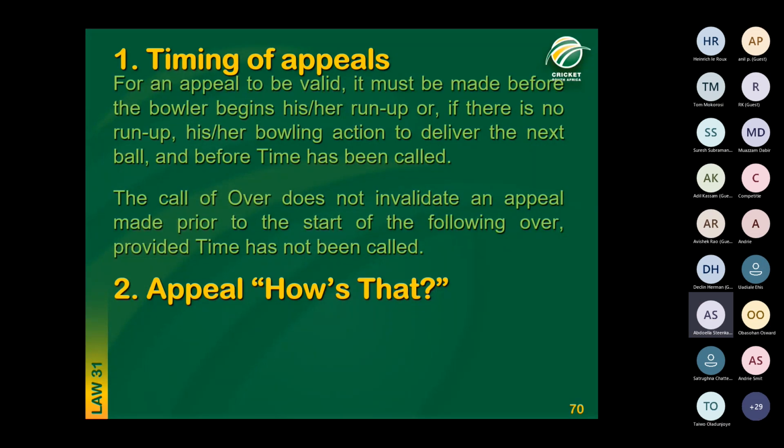So the appeal is still valid up until that bowler takes his or her first step for the next delivery and before time has been called. The call of over does not invalidate an appeal made prior to the start of the following over, provided that time has not been called.